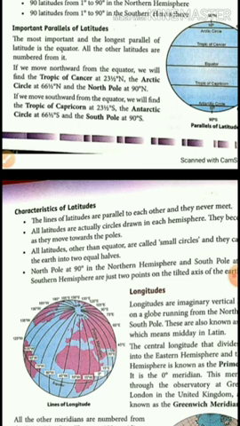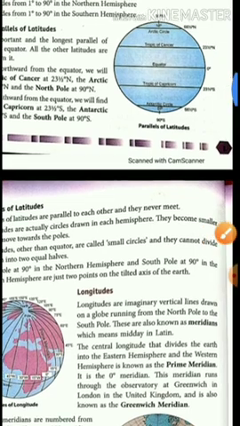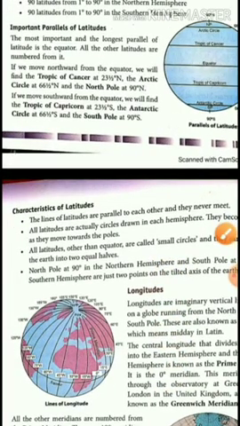Second, all latitudes are actually circles drawn in each hemisphere. They become smaller as they move towards the pole.